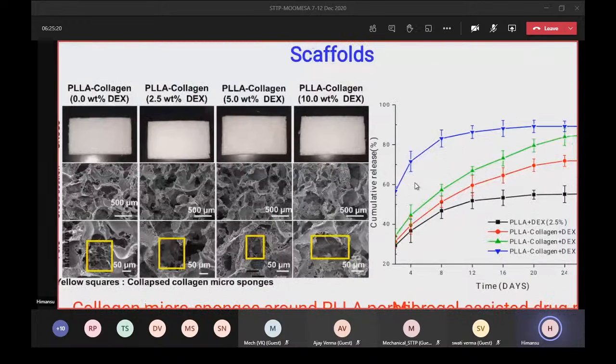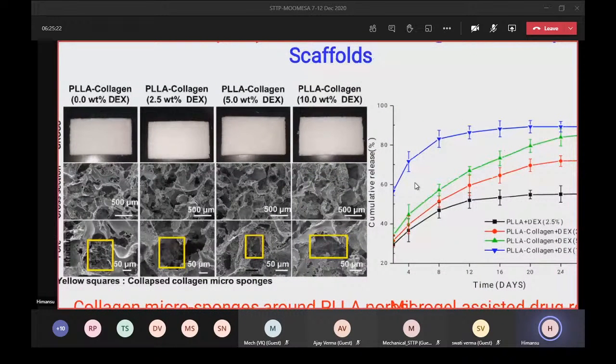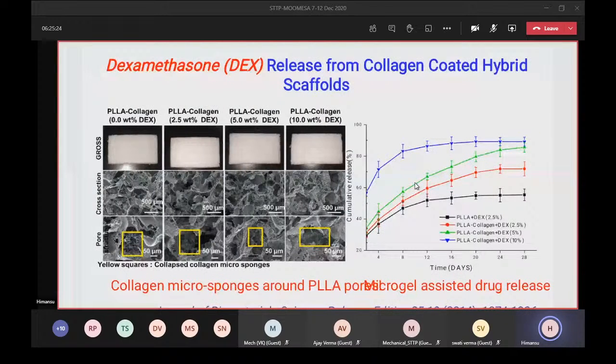These scaffolds are loaded with a drug called dexamethasone. You might have heard of this drug in connection with COVID infections. Many people say that taking dexamethasone helps recovery from COVID, and there are many reports. Here, the dexamethasone we are using is in fact a growth factor.